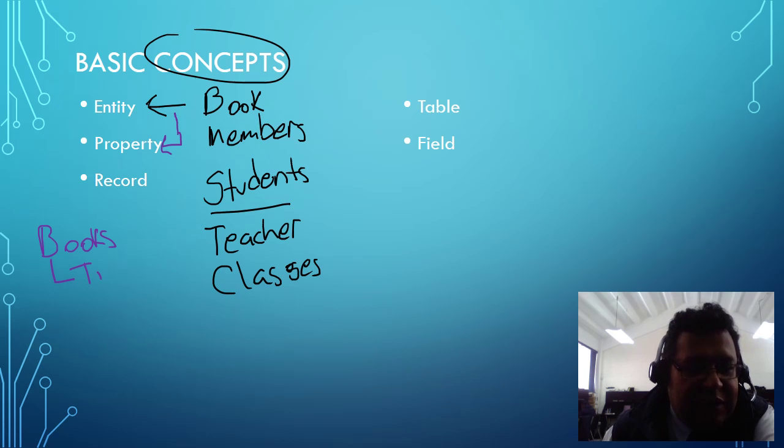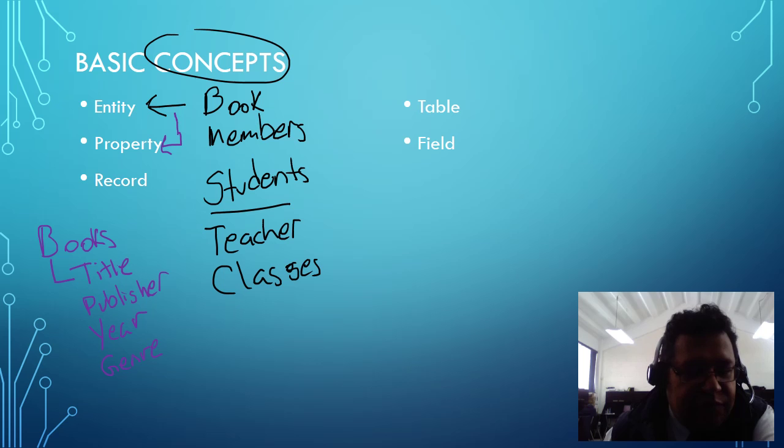For example, the title is a property. Another example of a property could be the publisher, the year of publication, or the genre.